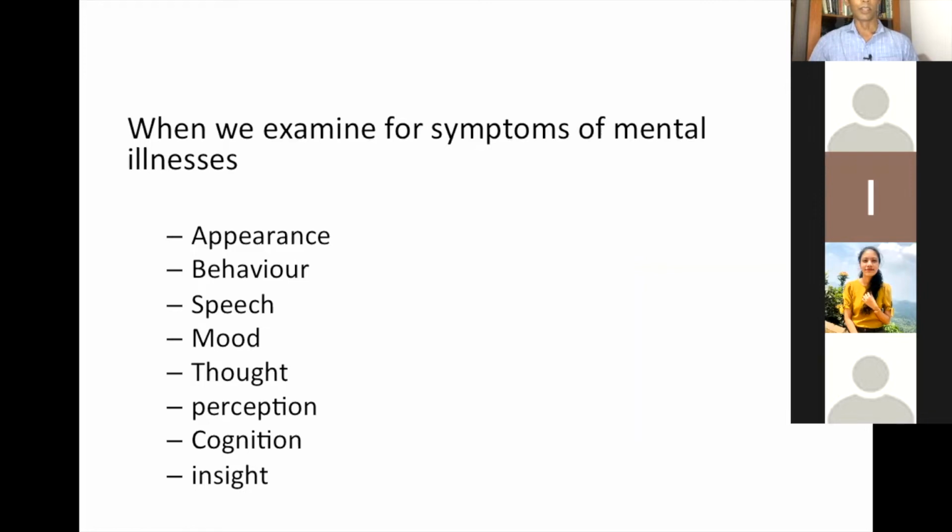It is based on consensus, so almost every major textbook in psychiatry follows this order. When you are asked to do a mental state examination for your patients in the ward, you are supposed to follow this order because that's how we communicate. Then everyone follows the same order, and it's easier for us to communicate. That's the logic behind this.